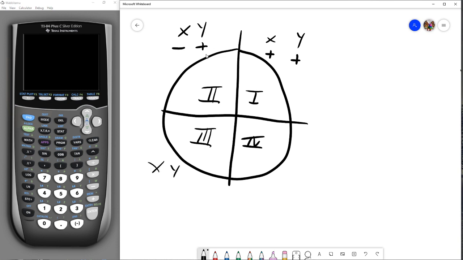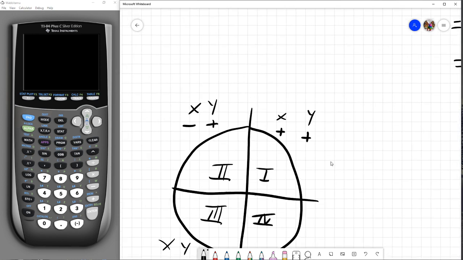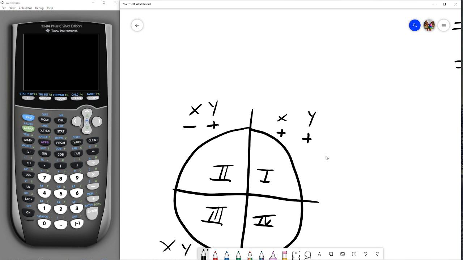Quadrant 3, on the other hand, both are negative. In quadrant 4, the x values are positive and the y values are negative. Now, since sine and cosine are directly related to x and y on a unit circle, on the unit circle sine theta is equal to y and cosine theta is equal to x.